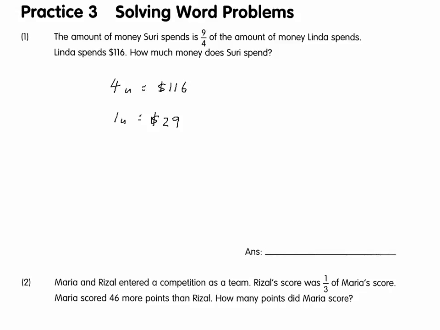Hey, the next person will shout the answer. You copy out 10 times, okay? So 29 times 9 equals to how much, Wendy? $261. Okay, so please write down $261.